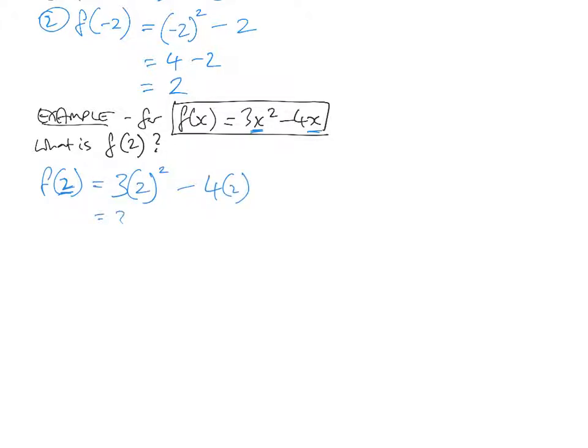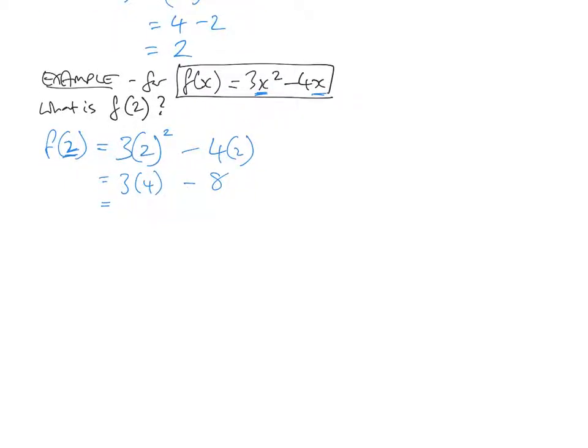Exponents first, so 2 squared is 4, take 4 times 2, 8. 3 times 4 is 12, take 8. 12 take 8 is going to be 4. So f of 2, when the function is to square the input and then times that by 3, then take away 4 times whatever the input is, is going to be 4 in this case.